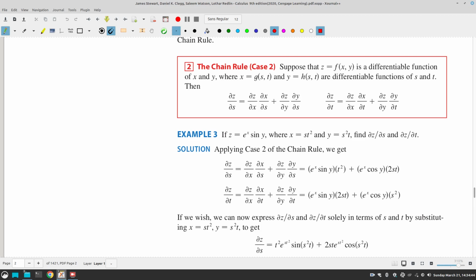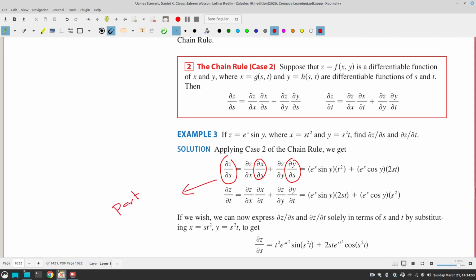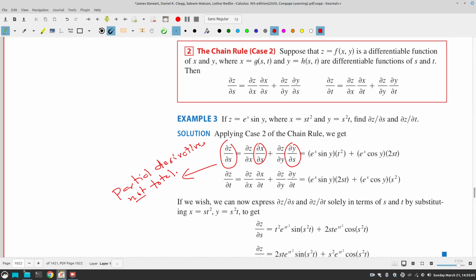Remember, these are partial derivatives, not total. This is important, right? And you just plug them in, and you get the partial derivatives, right?